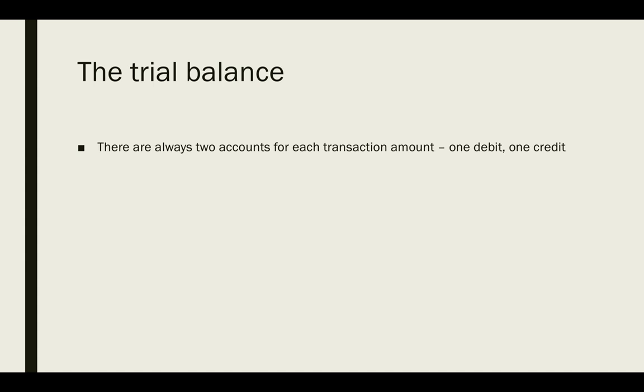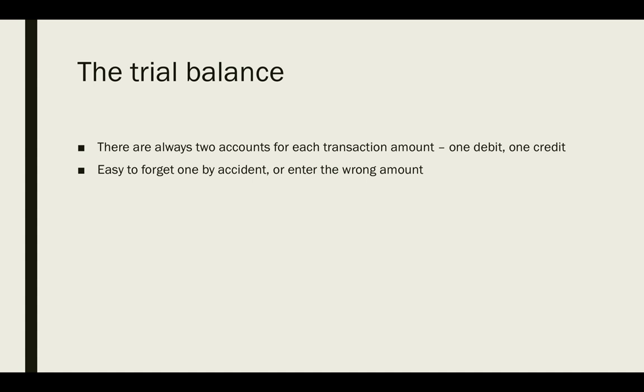Because there are always two accounts for every single transaction that you did, there's one debit and one credit. Both might be on the asset side, or both might be on the equity or liabilities side, or you could have one in asset and one in equity or liabilities. But there will always be one debit and one credit.